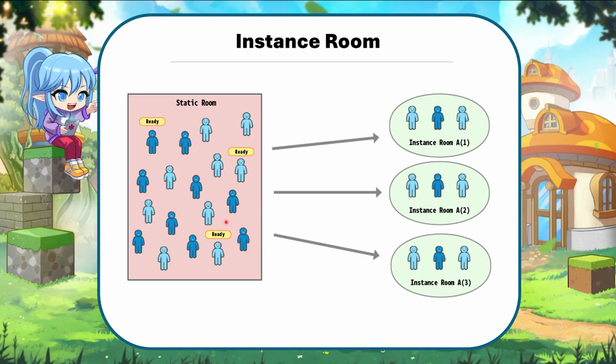From the static room, we will send the people that are ready into their own instances, and subsequent players will each be moved 3 at a time. Let's say the max player count for this game is 3. From the static room, they will be matched together and moved into this instance room. So this instance map that we have created, we're creating a copy of this instance map and sending players from this static room into the instance room 3 at a time.